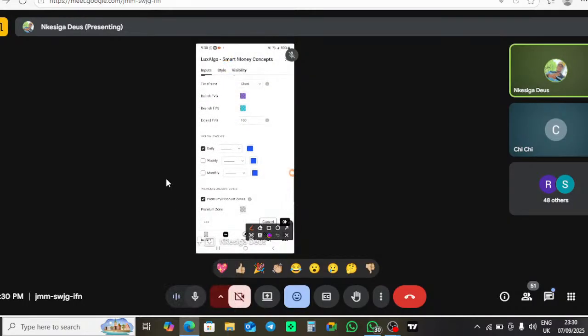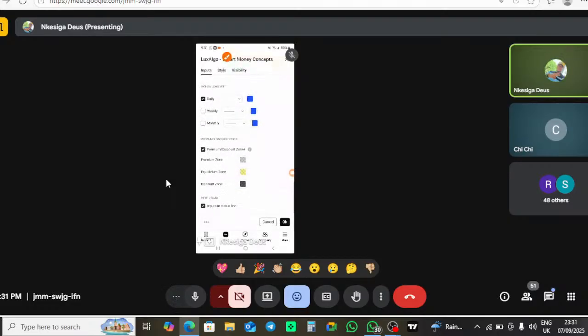Then we scroll down. We tick here on daily. We put a tick, and the colors should remain. Then again, we must tick the premium discount zones. You can choose your colors as well, and put 100 as opacity. Then we tick the last one, which is input in status line, and we are done.